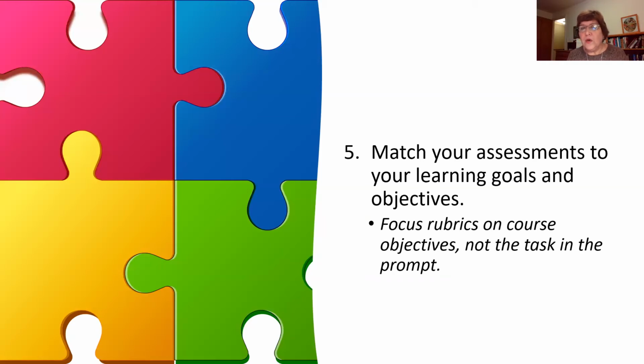So really think, if somebody turns this in an hour late, how important is that? How much should that be part of the evaluation process? If it's a really important learning outcome, if you're preparing students for a career where timeliness is really important, then make that a big emphasis, make that an important learning outcome. But otherwise, think about that.